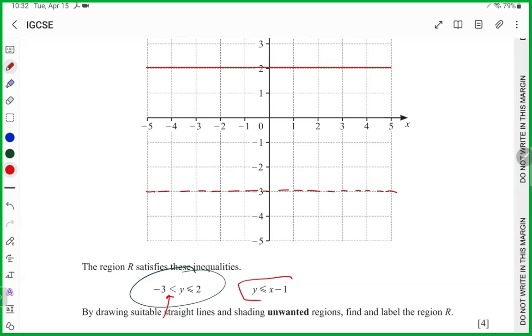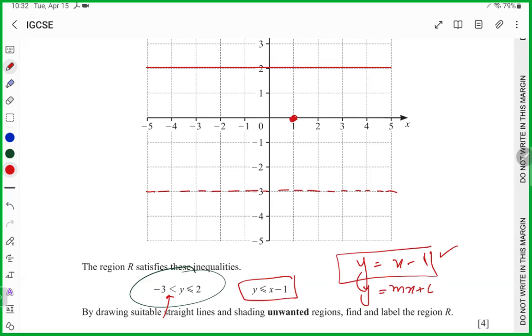Second is y is less than x minus 1. So when we draw y equals x minus 1, it's always better to draw the x-intercepts and y-intercepts. This line cuts the x-axis when y is 0, so that is x equal to 1. And this line intersects the y-axis at -1, that is always mx plus c.